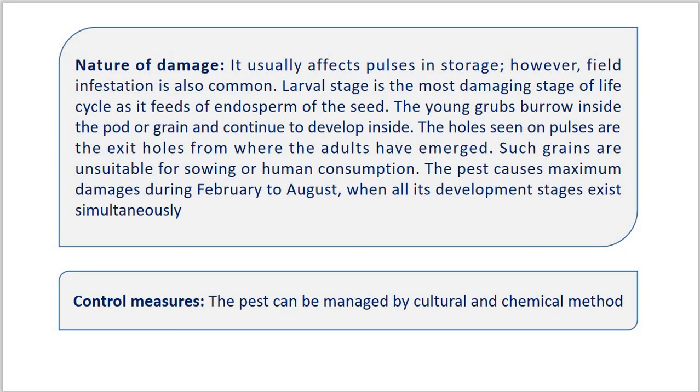Fumigation with aluminum phosphide protects the seed without affecting the viability. This is all about the chemical control method.